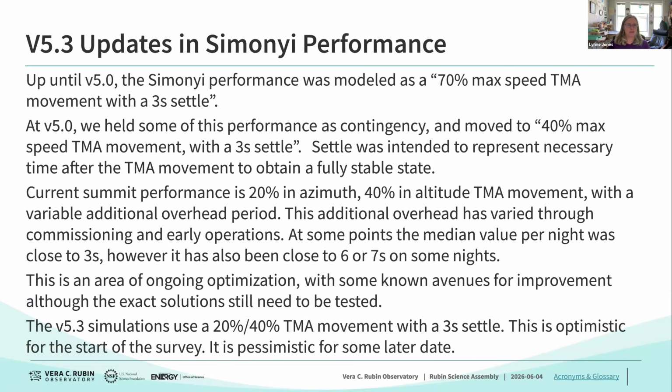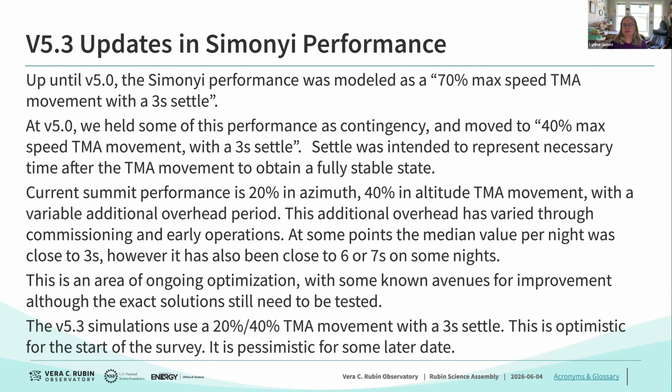So right. And now I'm going to talk about the Simonyi performance, which means the performance of the main telescope, the Simonyi Survey Telescope. Here I'm specifically talking about the visit gap performance. Up until v5.0, so any v4 or lower simulation, the Simonyi performance was modeled with our internal kinematic model for the telescope as a 70% max speed TMA (telescope mount assembly) movement with a 3-second settle.